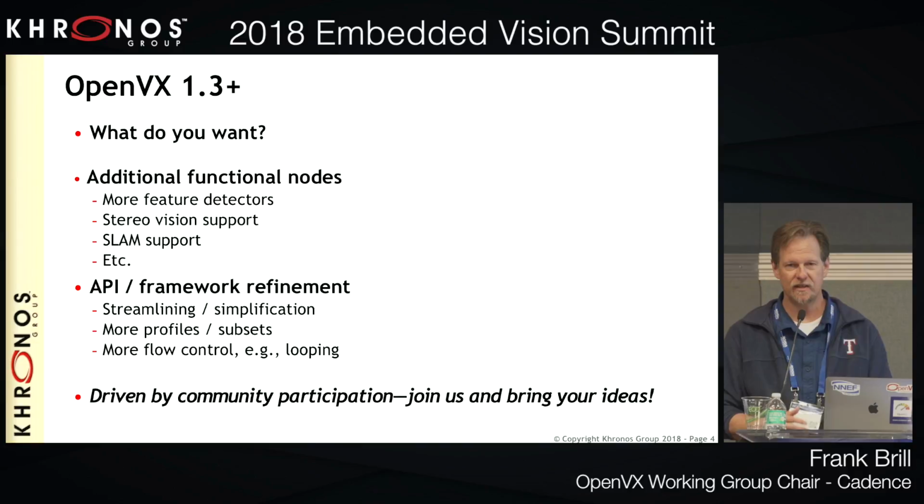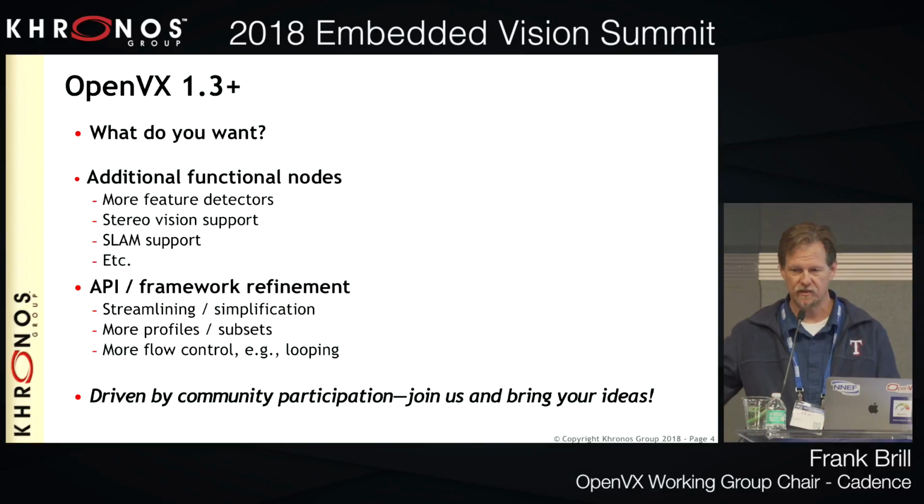Stereo vision is another one. There is stereo for neural networks, but there's actually really good stereo that's sort of using traditional vision, and we could add some support for those particular stereo algorithms. And SLAM, sort of more 3D, so as you move your camera through the environment, you could get some good visual odometry.